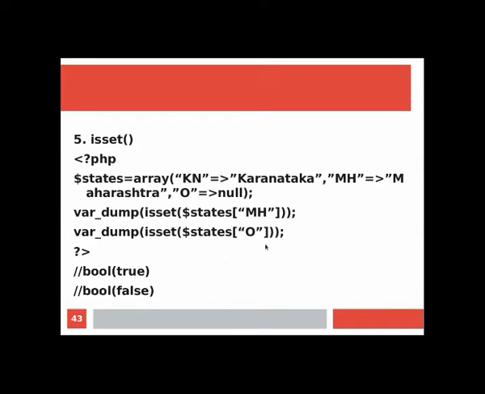And in the next var_dump, $states["o"] has a null value, so our boolean output is false. So remember the difference between array_key_exists and isset: here the boolean output will be recorded.